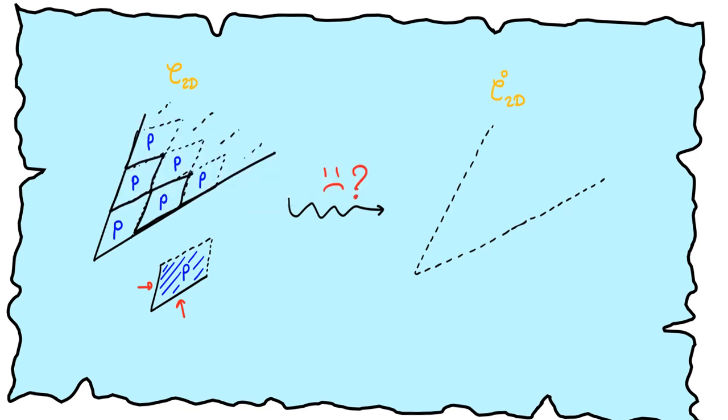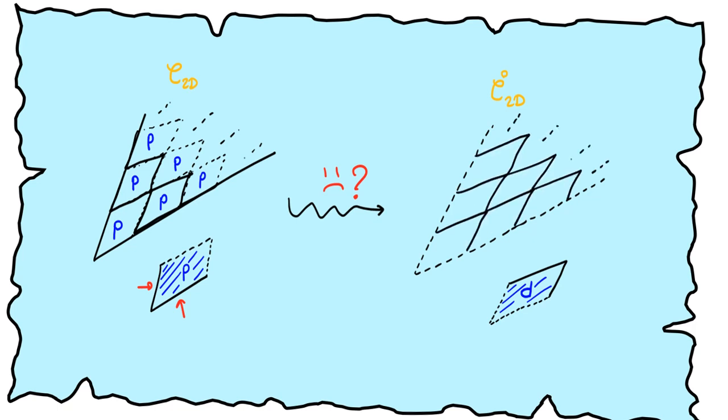The answer is to rotate our tile by 180 degrees first. Then we can easily tile the interior like this. We will call this rotated parallelogram negative p. And this notation makes sense since we get negative p by reflecting every single point of p about the origin.